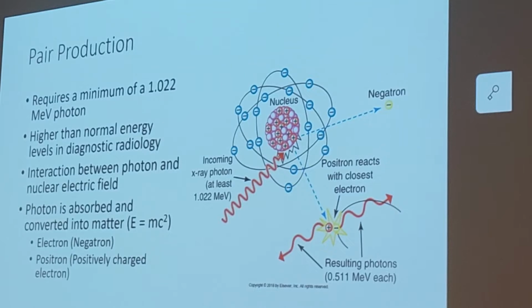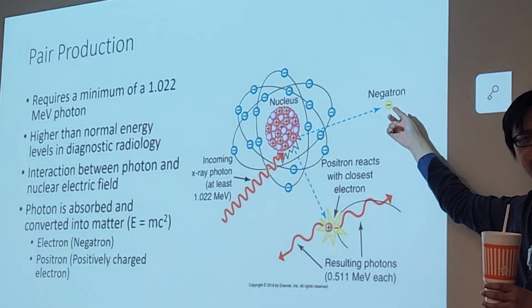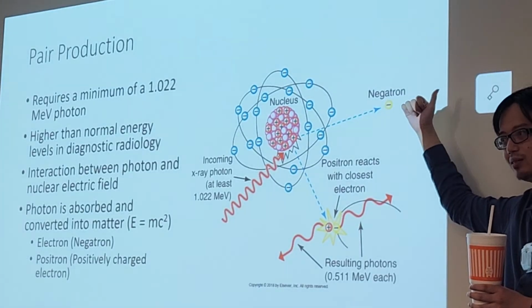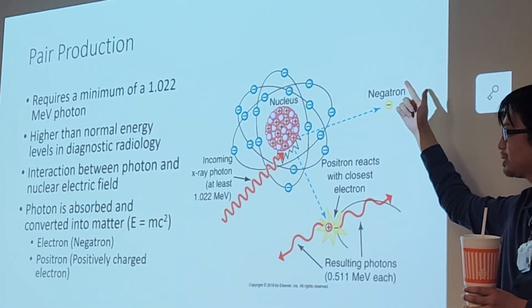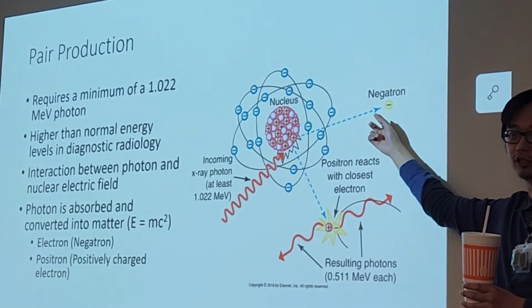Not quite, because remember, for those interactions, what needs to be incoming? Incident photon. Right, so this is an electron instead. What kind of interactions can an electron cause? Bremsstrahlung or characteristic, right? So you could actually get those inside the body with a high enough energy electron.